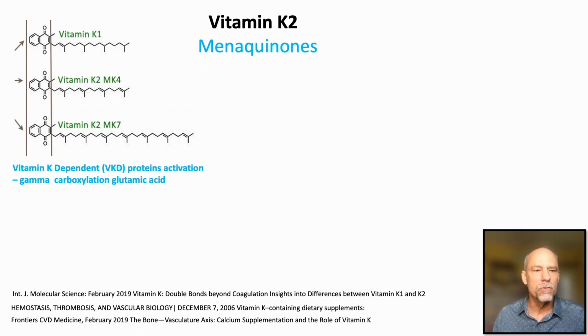So you see K1 at the top, you see vitamin K2, MK4, and then vitamin K2, MK7. That's the one that's typically used these days. It's longer, and there are certain proteins that are activated by vitamin K. Some of these are the clotting factors, and that's particularly important for vitamin K1.